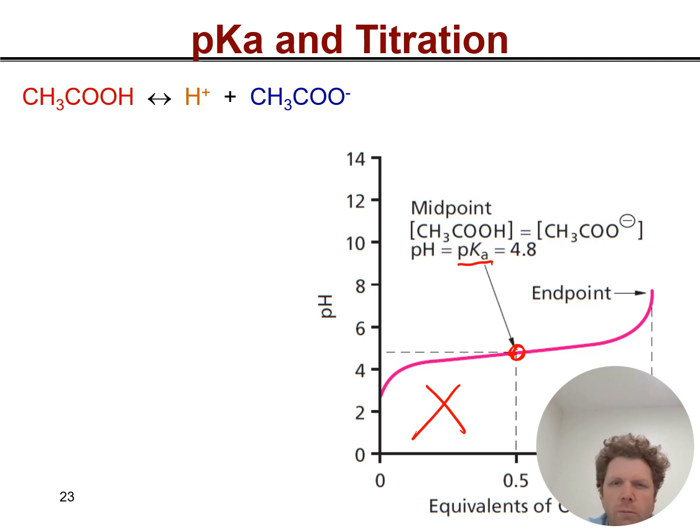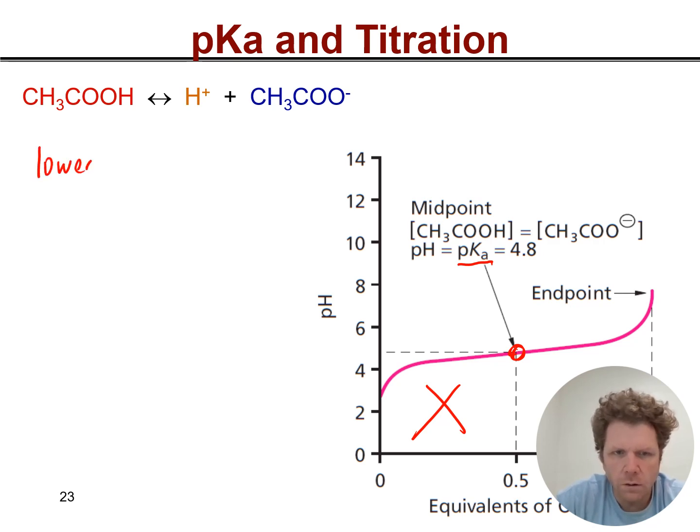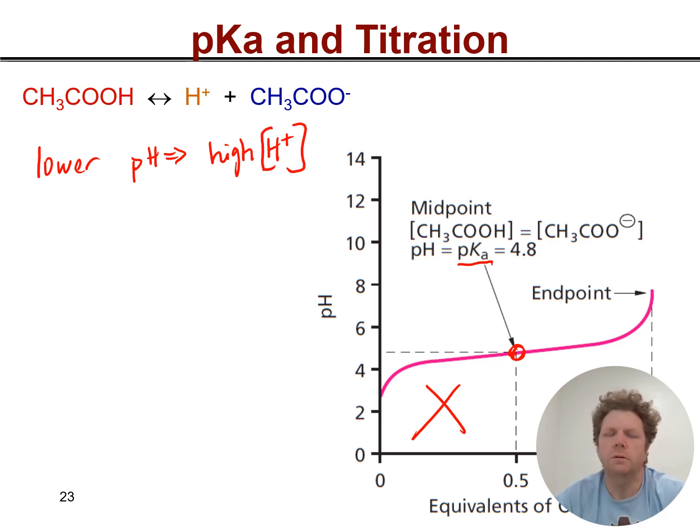This to me is one of the most important parts about understanding amino acids and their ionization. Well, at a lower pH, what do we have? Low pH gives us, that means, a high hydrogen ion concentration. And if you have a high concentration of hydrogen ions, what are those hydrogen ions going to do? Well, they're going to look for negative charges.